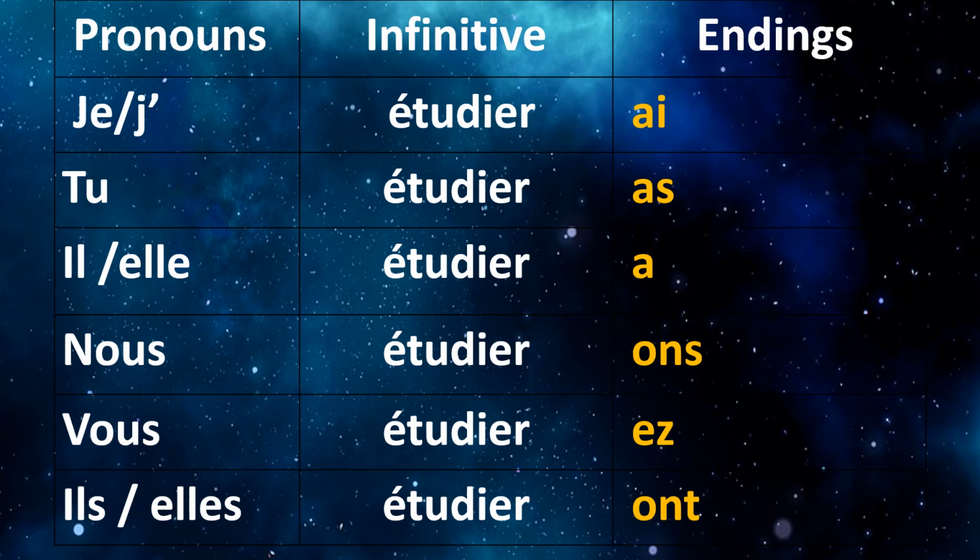So here is an example of a conjugation of a verb, an ER verb, such as étudier, in the future tense. So what I have done, I kept the infinitive form in the middle so that you can see that this doesn't change, and I just added the endings.